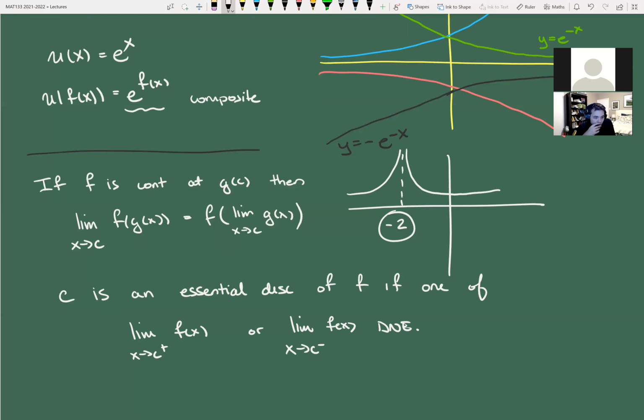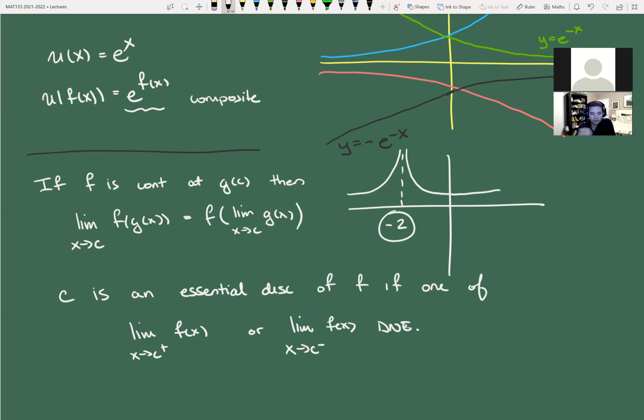Oh, but since they're both right, exactly, Curdy. Yes, exactly. It doesn't exist. Right, but not e to the negative infinity, e to the positive infinity, right? No, same. Remember, essential discontinuities can only happen in the domain of a function, so they can only be on the x-axis.